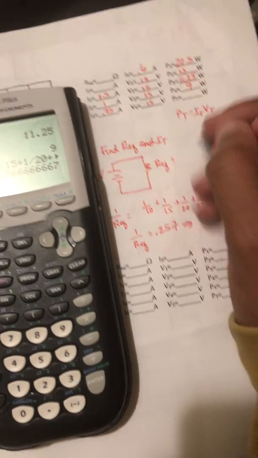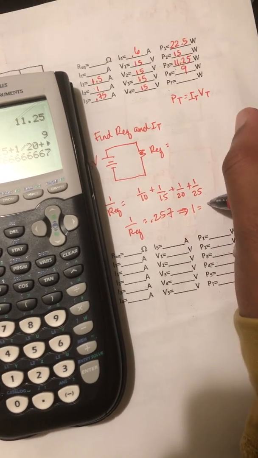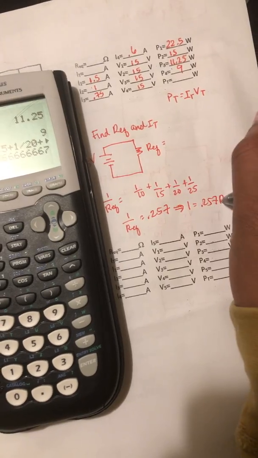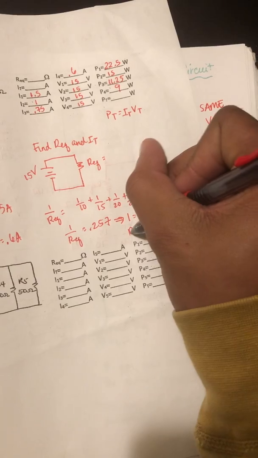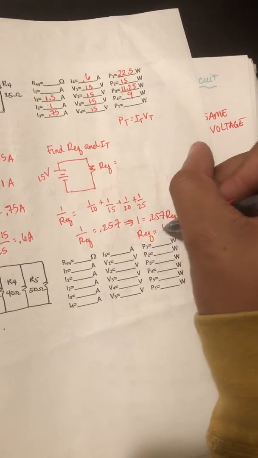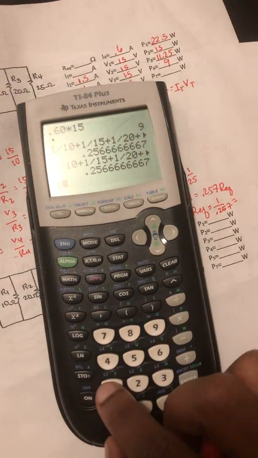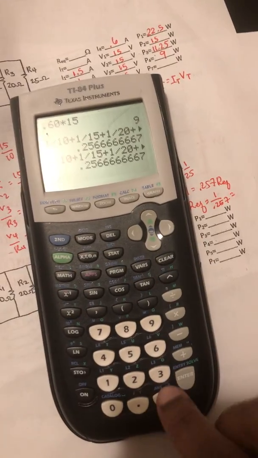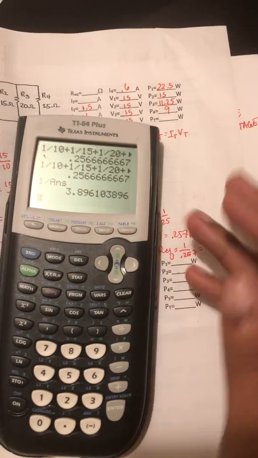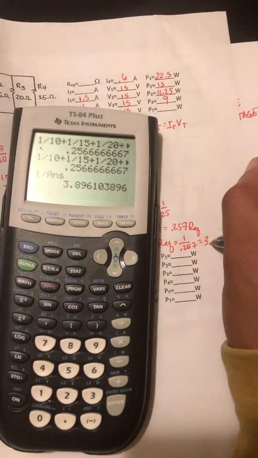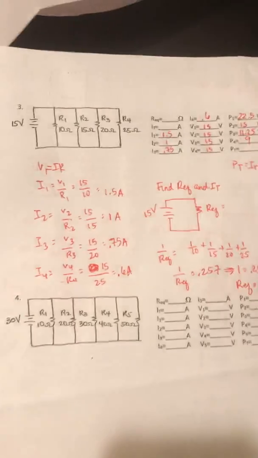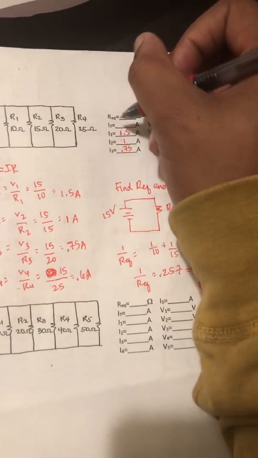And the reason for that is if I cross multiply, I get 1 is equal to 0.257 REQ. So REQ will be equal to 1 over 0.257, which gives me 3.90 if I round. So my equivalent resistance is 3.90.